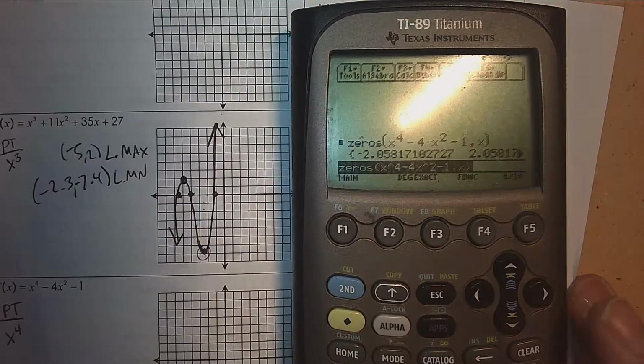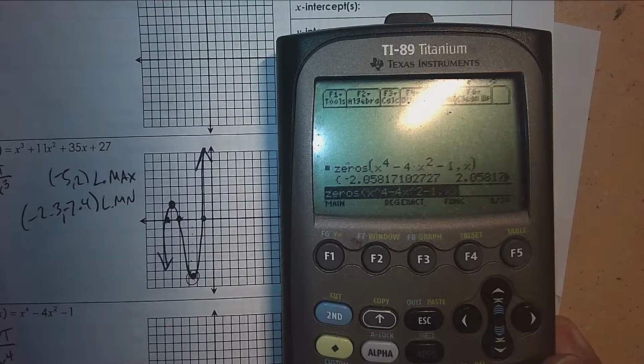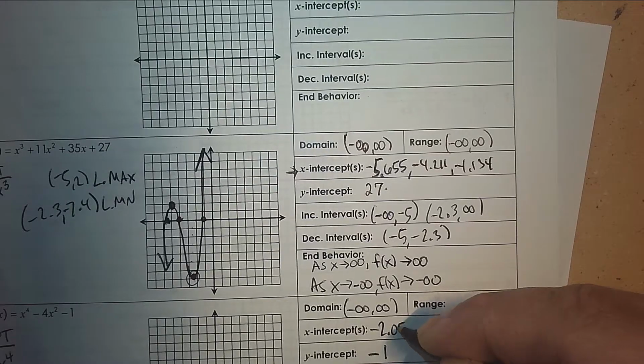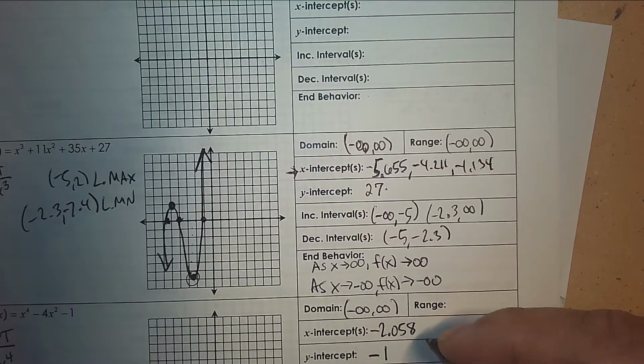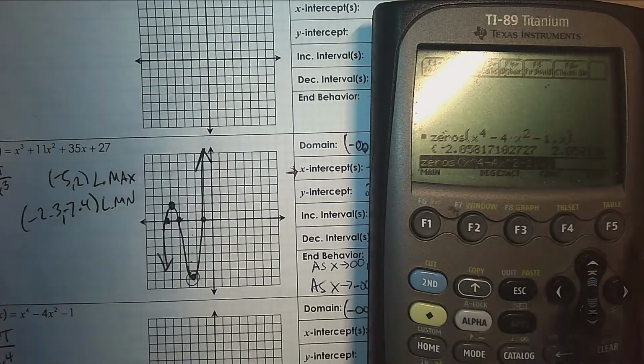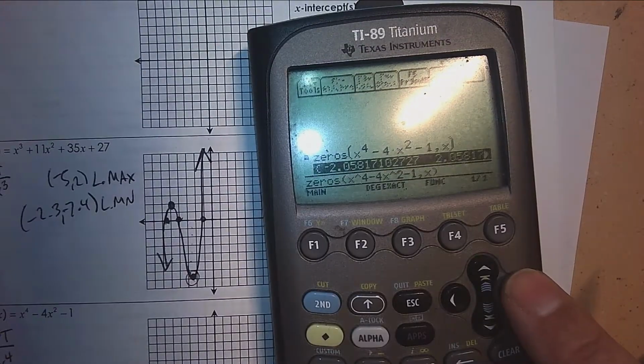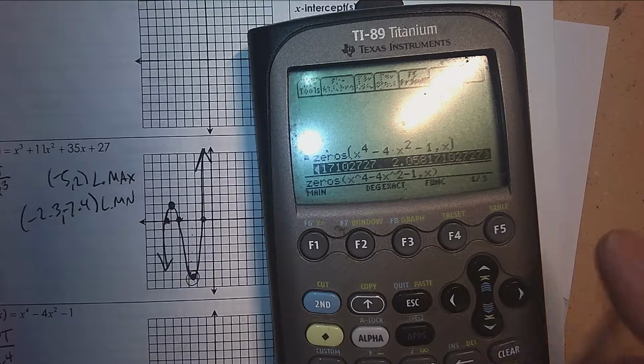I don't know if that helps. A little bit. So, what are the zeros here? I have a zero at about negative 2.058, and I have another zero at 2.058.